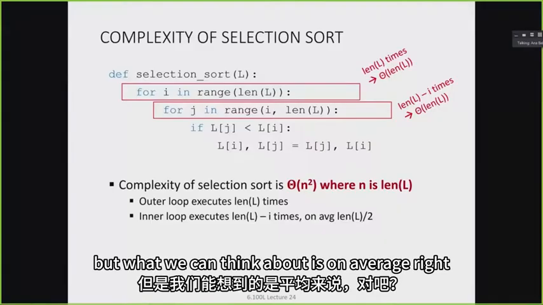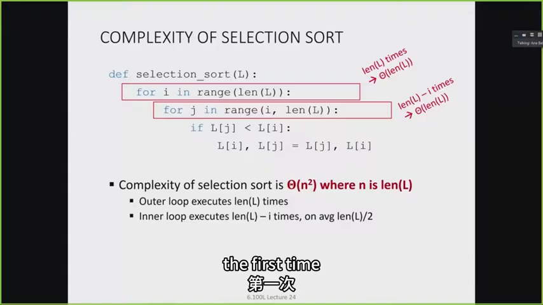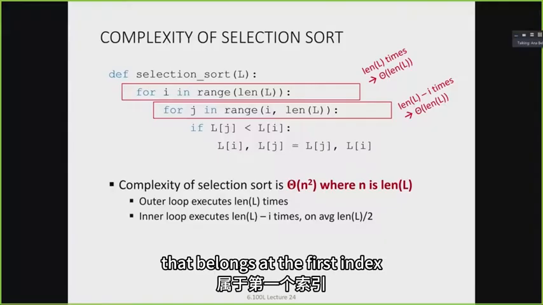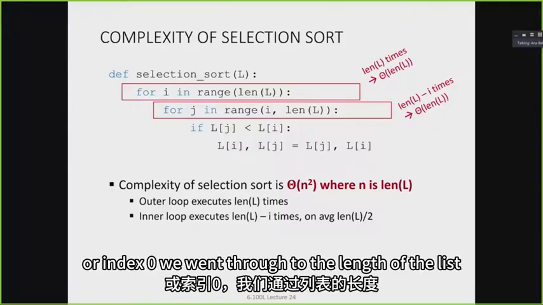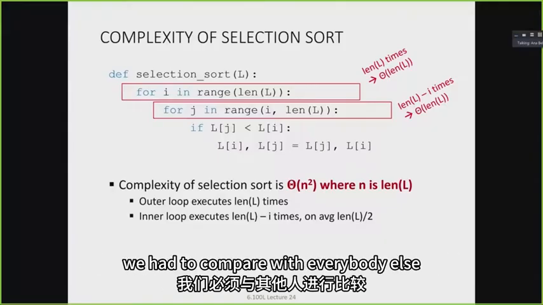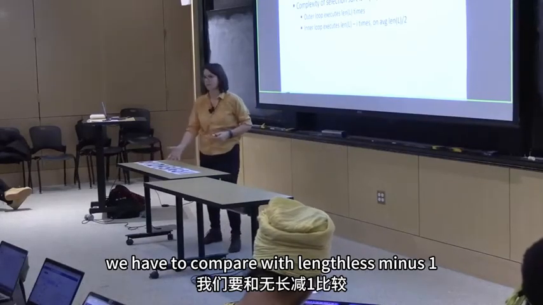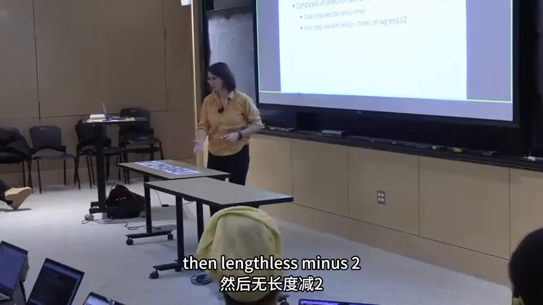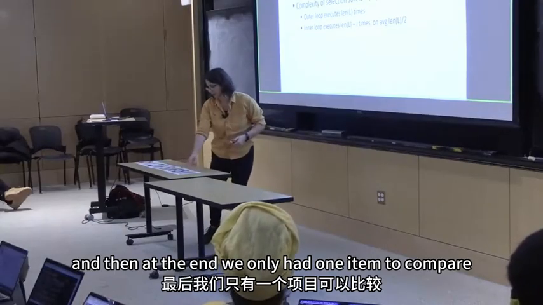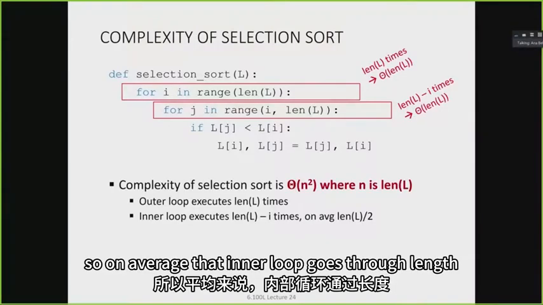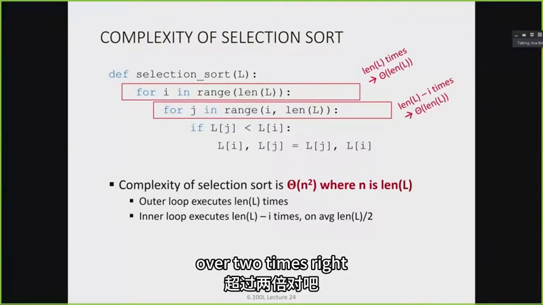But what we can think about is on average, right? The first time, when we were trying to figure out the element that belongs at the first index, or at index 0, we went through to the length of the list. We had to compare with everybody else. The next time, we have to compare with length list minus 1, then length list minus 2, and then at the end, we only had one item to compare. So on average, that inner loop goes through length L over 2 times, right?